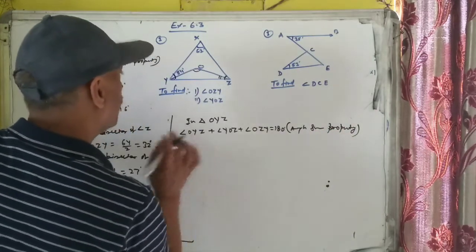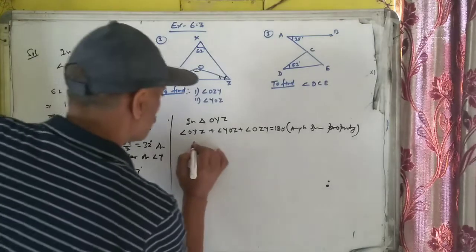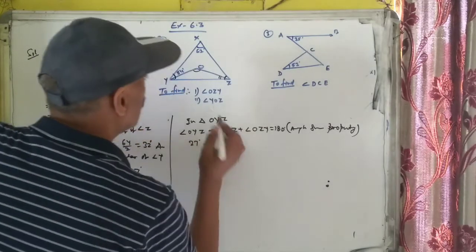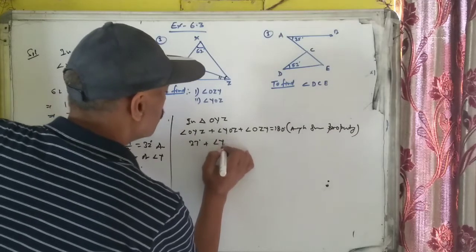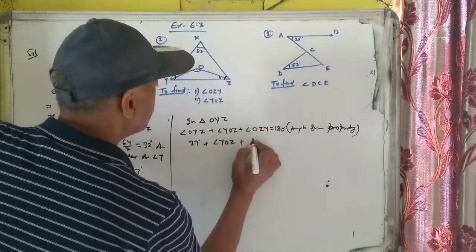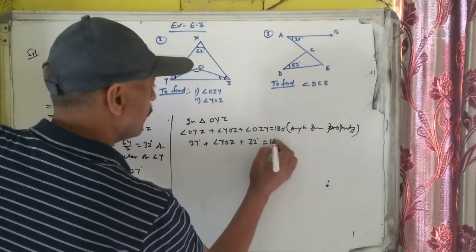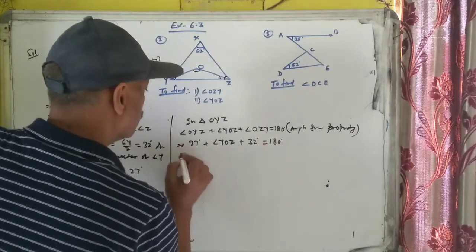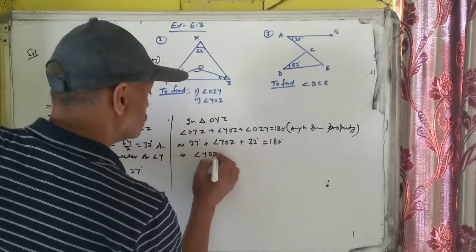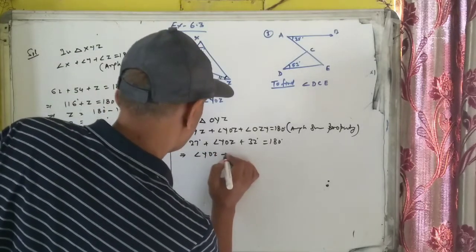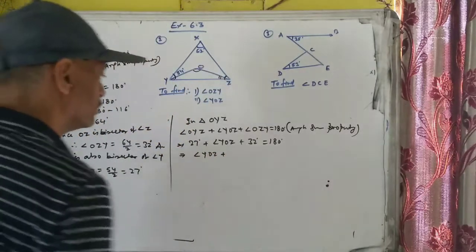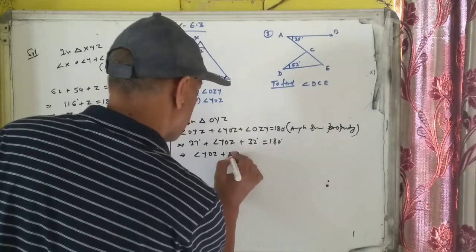Okay, so we have the value of OYZ. This is 27 degree. YOZ is not known to us. OZY is 32 degree. Let us calculate this. 27 plus 32 is 59.